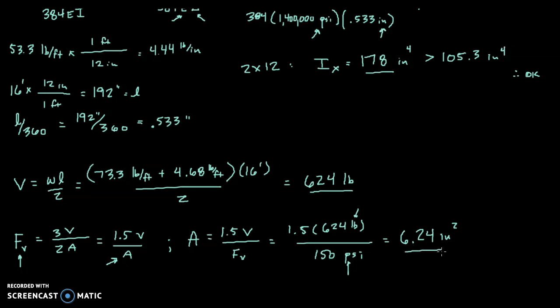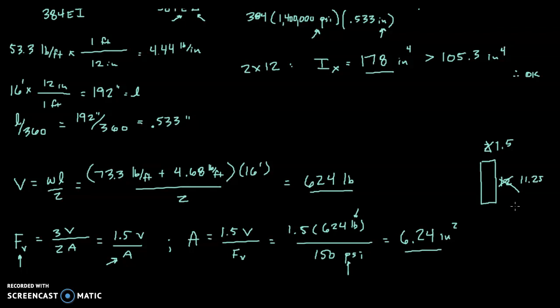How much area do we actually have? So you don't want to just simply multiply 2 by 12. That is not our area, because the width of a dimensional piece of lumber is not 2 inches. It's actually only 1.5. And the height is not 12. It's actually only 11 and a quarter.